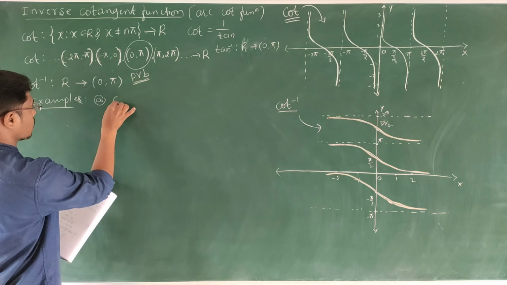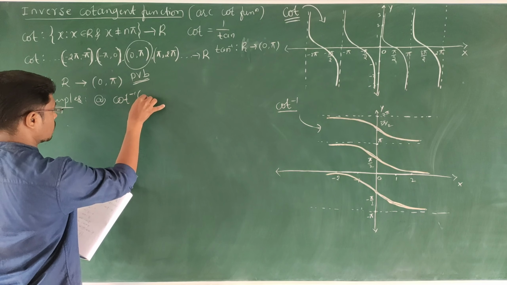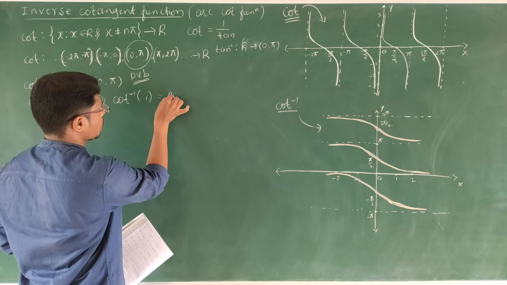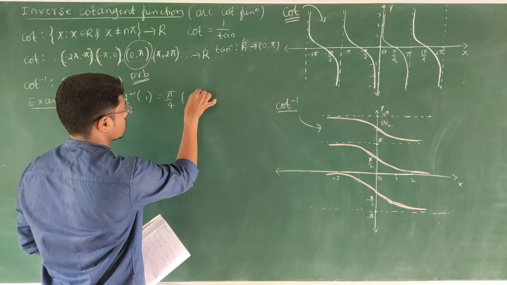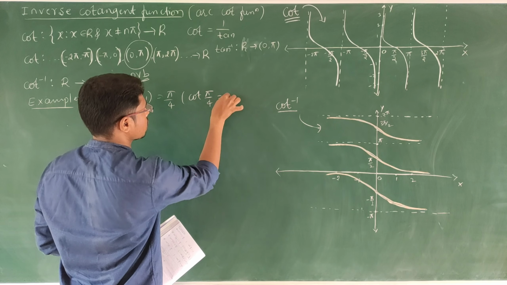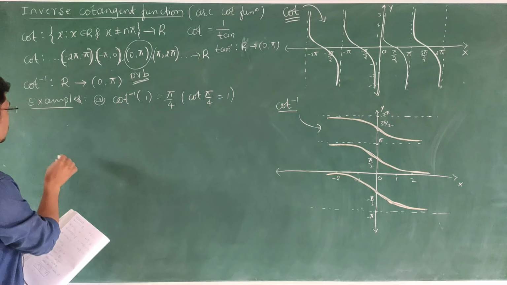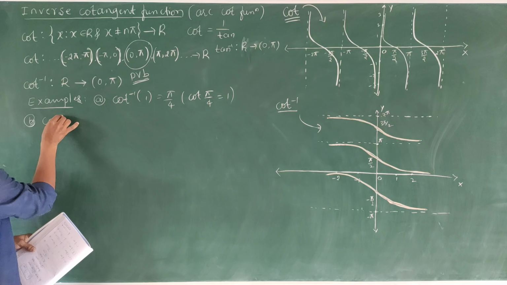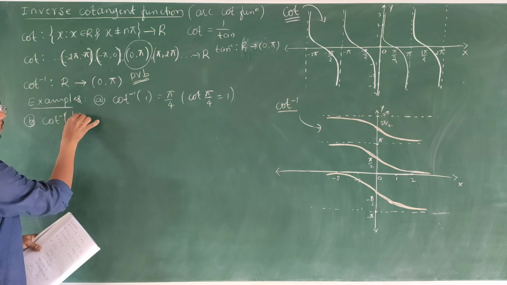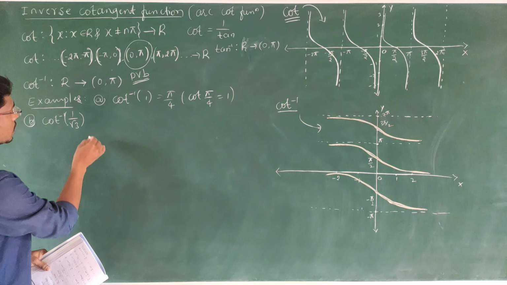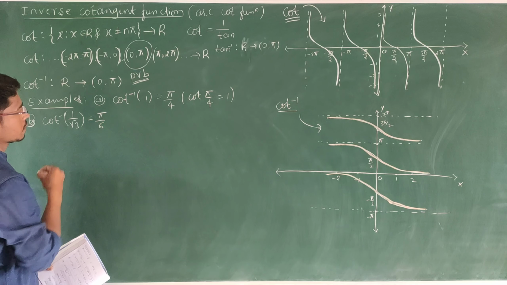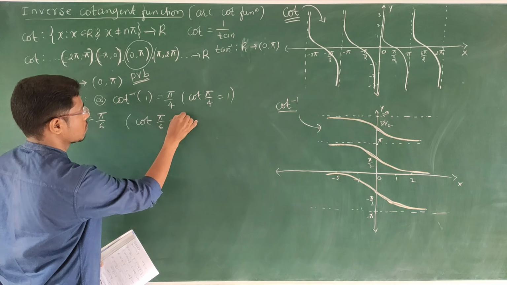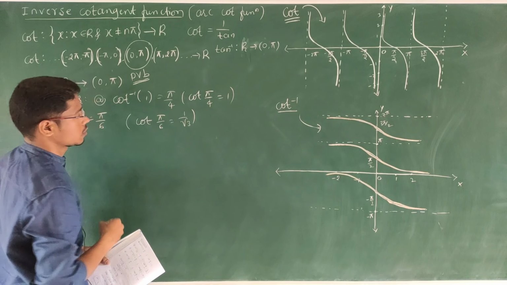A, cot inverse of 1. Cot is 1 when the angle is pi by 4, because cot pi by 4 is equal to 1. Next, B, cot inverse of 1 divided by root 3. This is equal to pi by 3, because cot pi by 3 equals 1 divided by root 3.